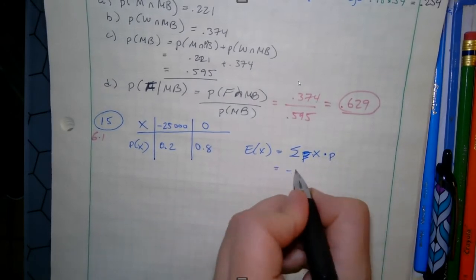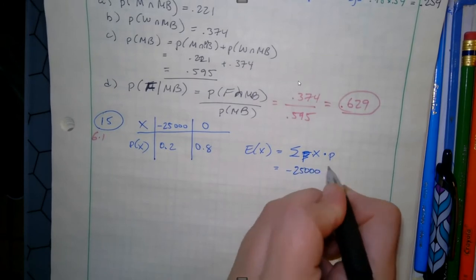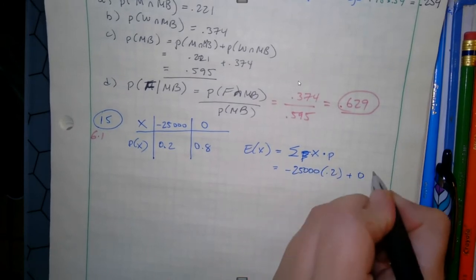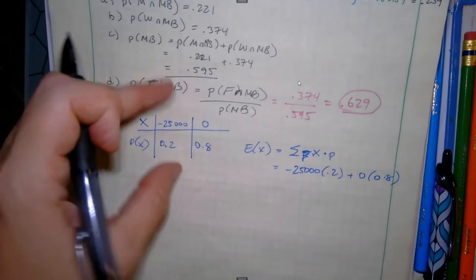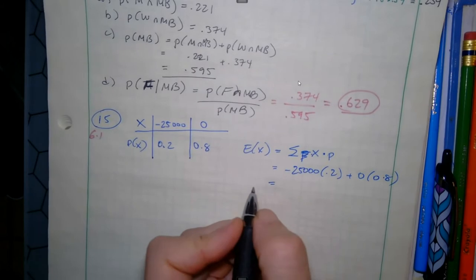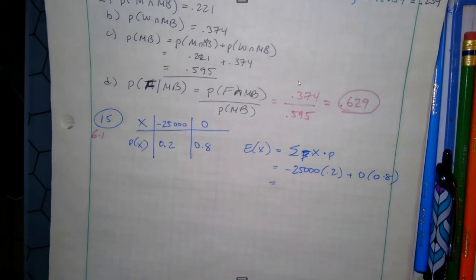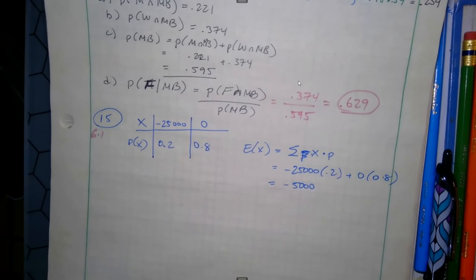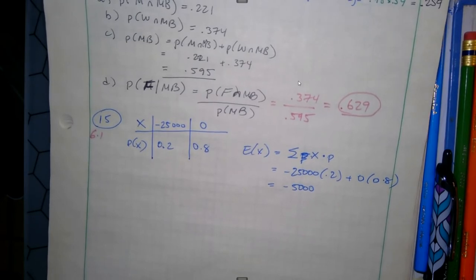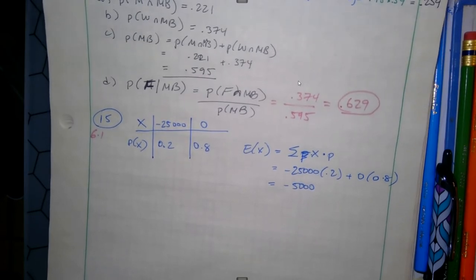So what we're doing is we're saying negative 25,000, 20% chance, and then 0, 80% chance. So that's how that works. You're multiplying these and then adding them all up. So this is going to give us a negative 5,000 outcome for the person who lost the diamond.